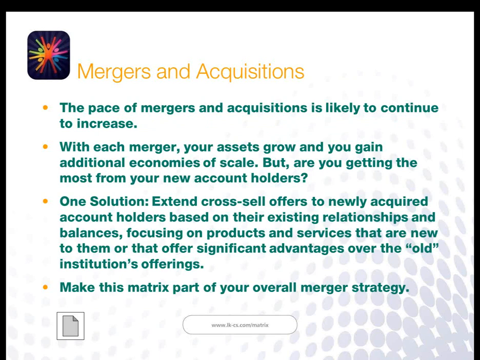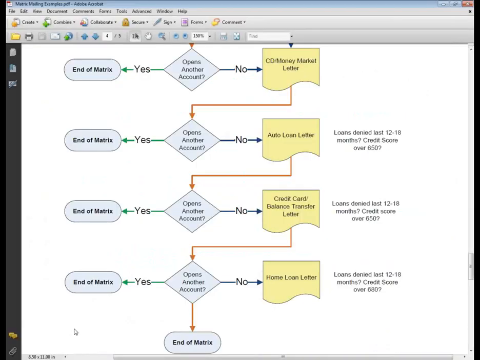Here's the matrix that we have in place to start cross-selling all these additional products and services that these people didn't have before. Rather than trying to develop it while that merger is happening, because you're doing 10,000 other things at that time, if you have this matrix plan in place and have the matrix designed, then you can just turn it on and off as you need to, depending on the mergers and acquisitions.